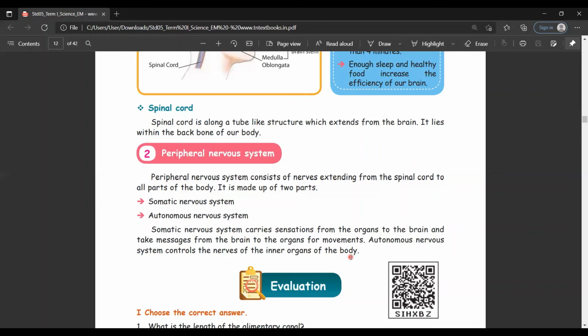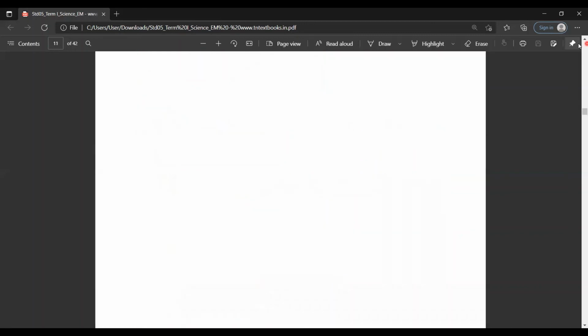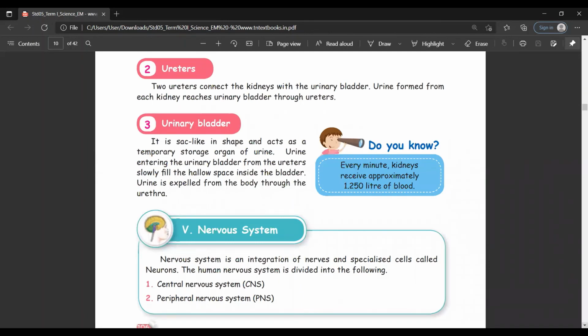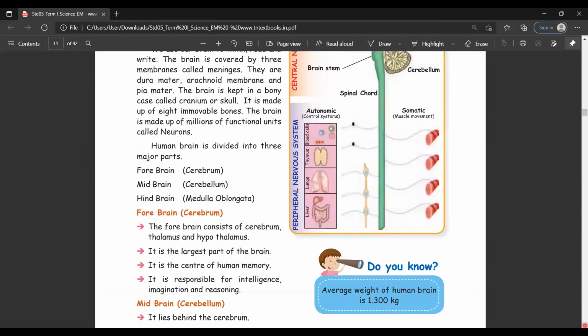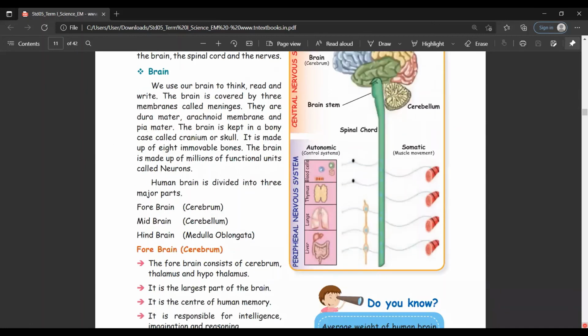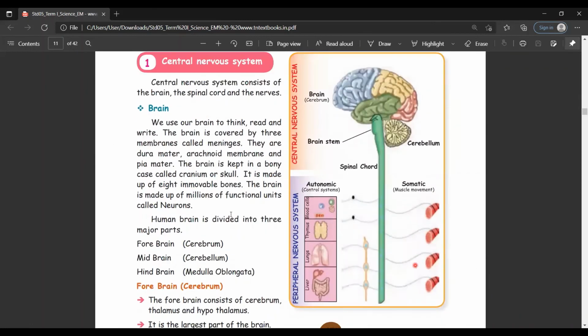Okay children. This is all about nervous system. That is central nervous system, peripheral nervous system. So central nervous system consists of brain, spinal cord, and nerves.